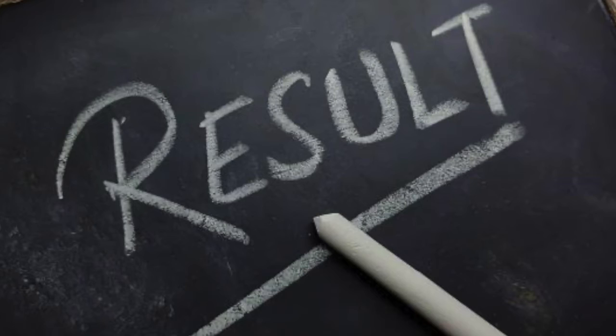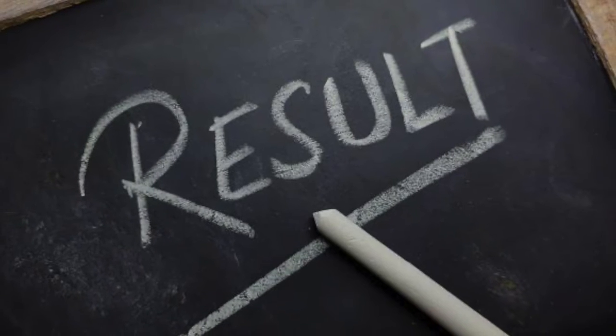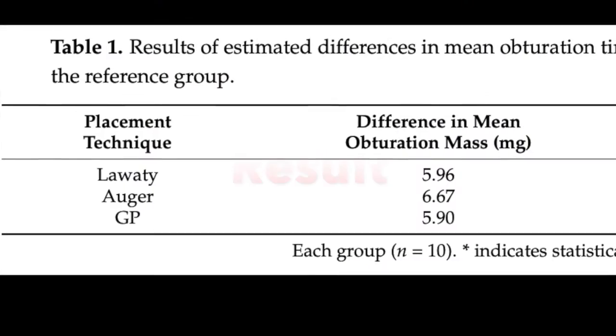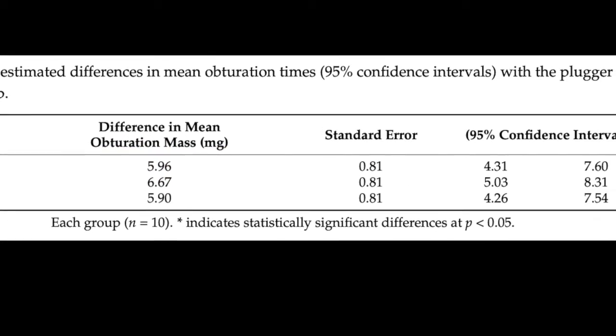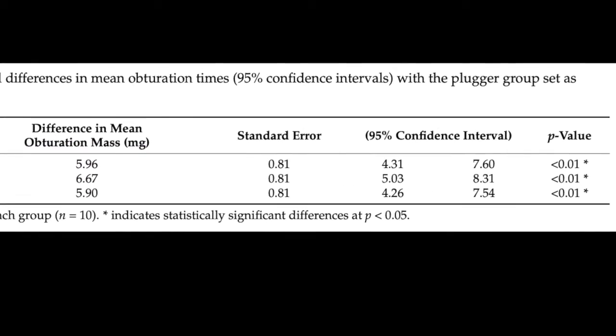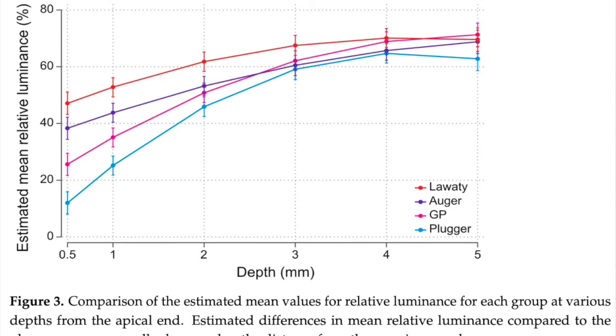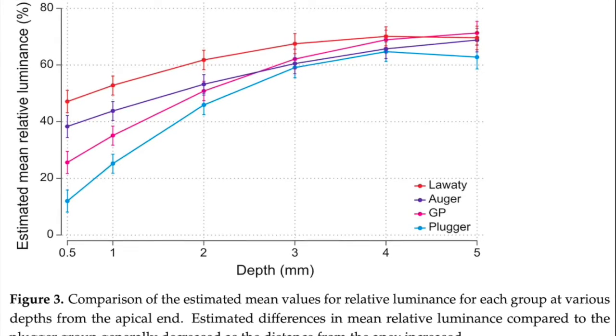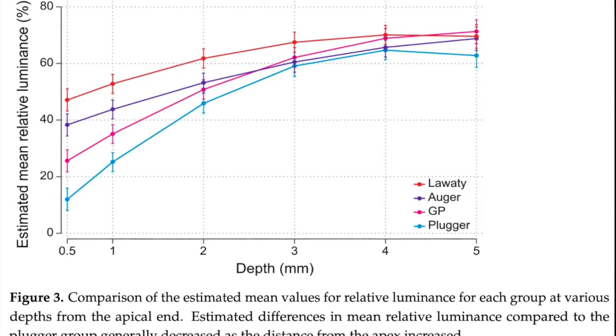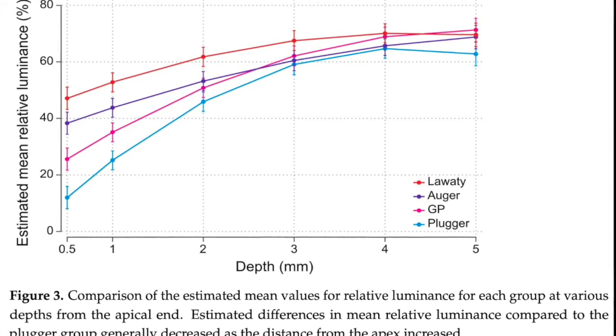Evaluation of obturation was done through three criteria. The first criterion is time, the second is luminance or whiteness of the filling at each millimeter of the 5 millimeters of apically packed MTA, and the third is mass, by measuring the weight of the block before and after obturation.